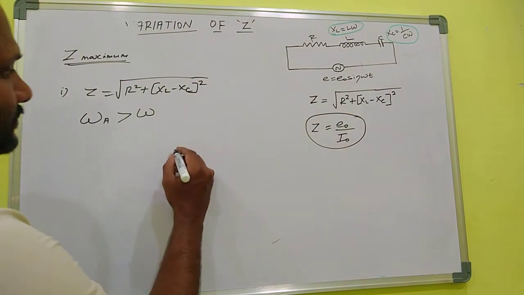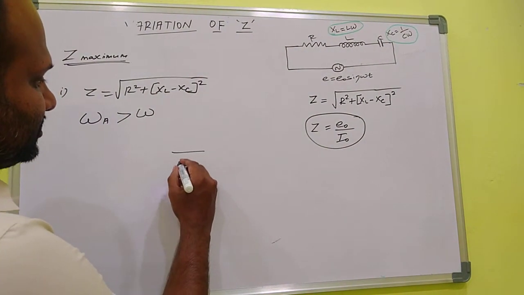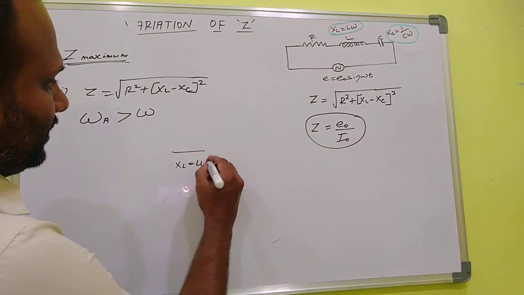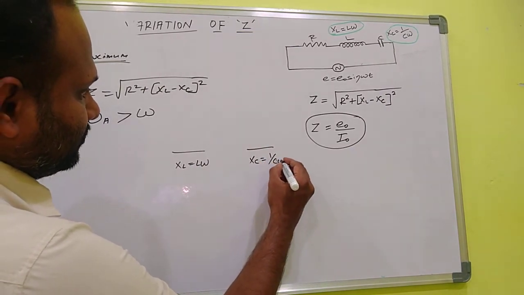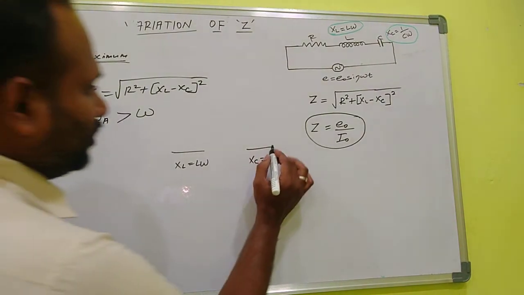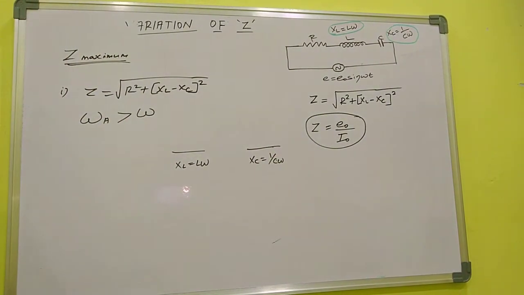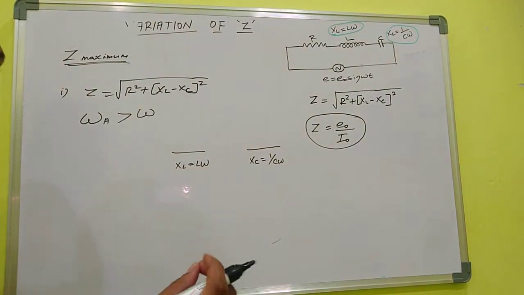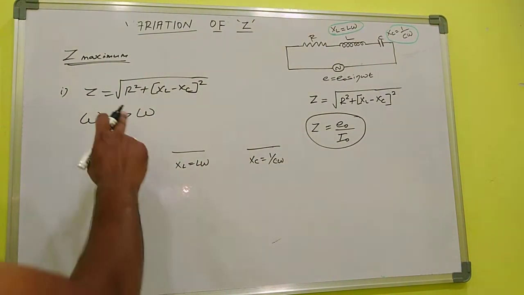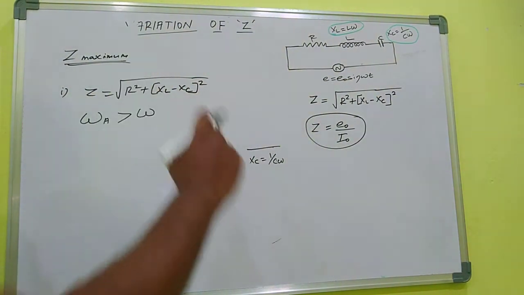XL is equal to L omega. XC is equal to 1 by C omega. Both are equal in the resonance condition, then the impedance becomes minimum and the current becomes maximum. But in this case, the frequency of the EMF we apply is higher than the natural frequency.